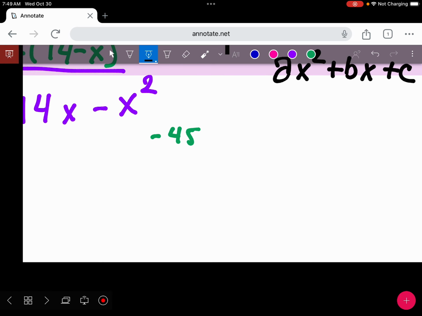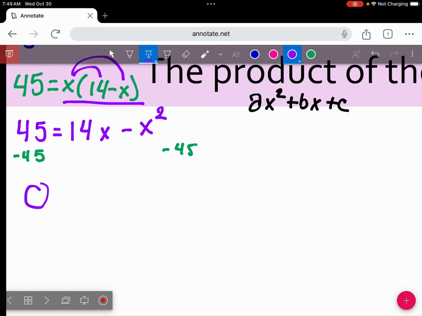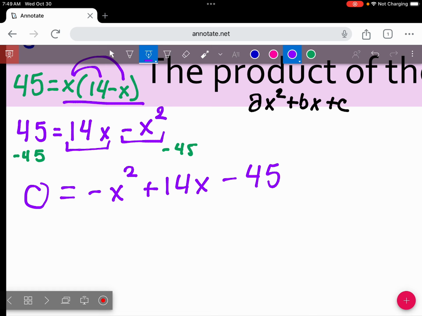So we're going to have 0 equals minus x squared plus 14x minus 45. So I told you I had a grosser setup, but we have a better answer here. I promise.